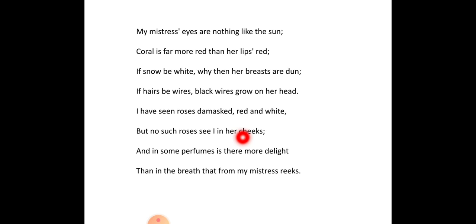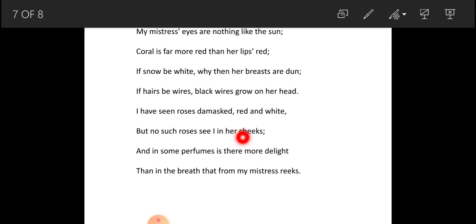This creates an effect of expanding and developing an argument, and neatly prevents the poem from becoming very traditional, or from becoming stagnant.